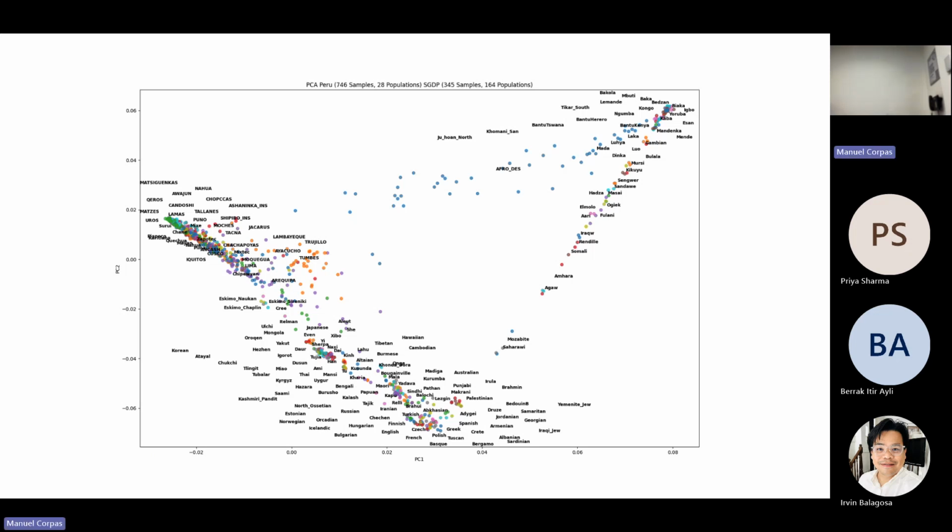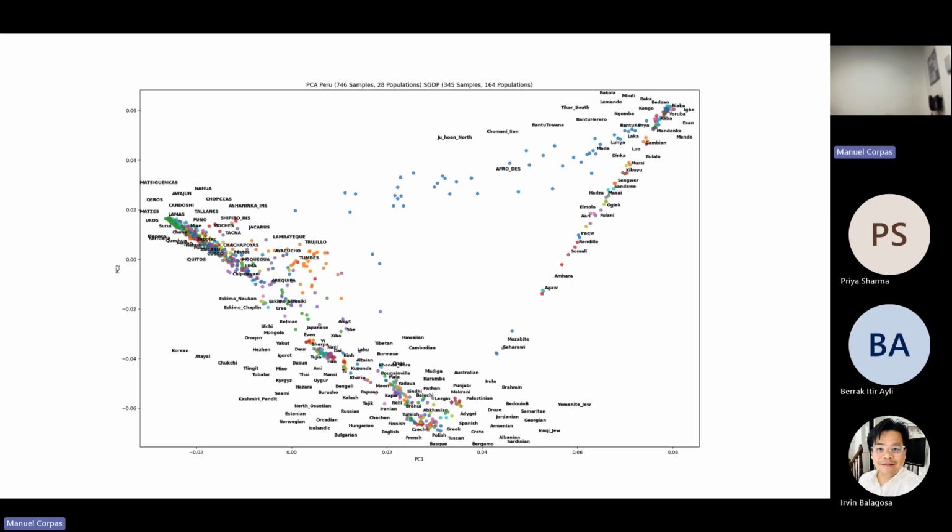And so this is a projection of that reduction of 20 dimensions into two, while maximizing the distances between any given dot. Any given dot is an individual. Okay? So you see here the Peruvian populations, but the closest to them are Eskimos.